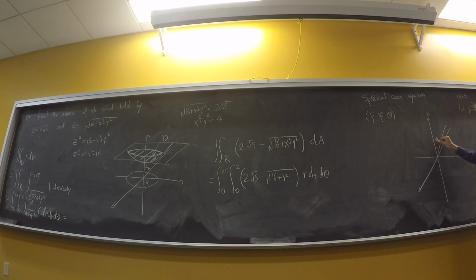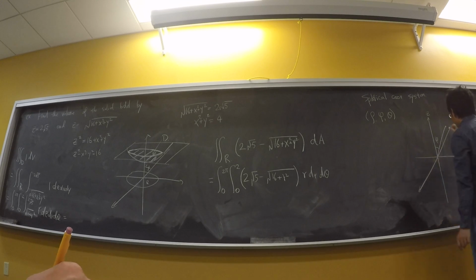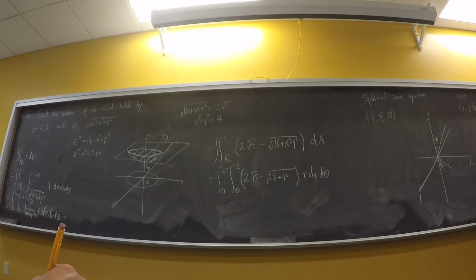So this is the angle phi. And theta is the angle, if I project this ray back onto the xy plane, between the projection and the positive direction of the x-axis. So this distance is called rho, this angle is phi, and this angle is theta.